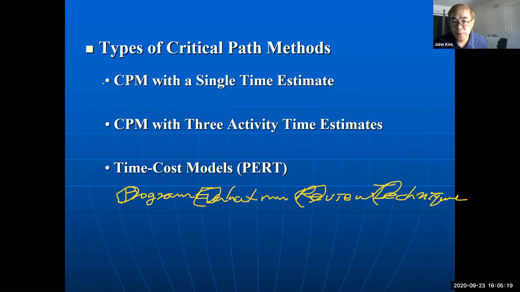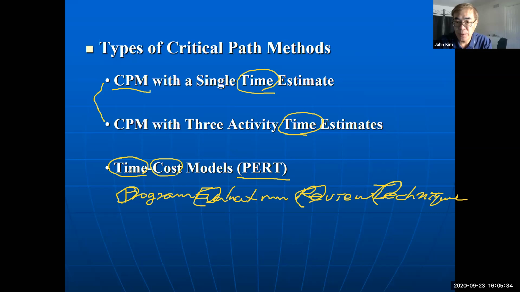So other critical path method usually time constant, but the PERT, if we have time information and cost information, then we call the time cost models or PERT.